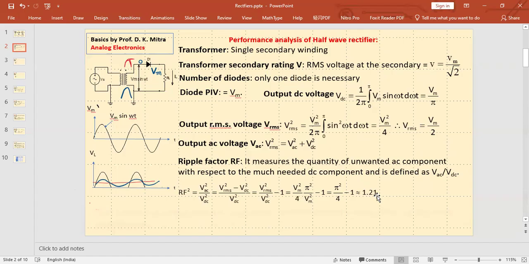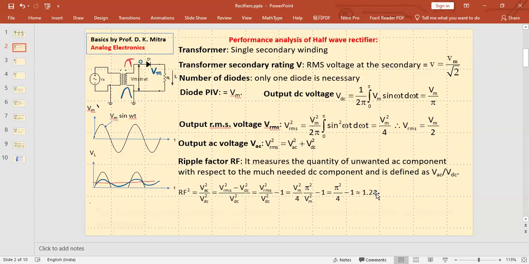For example, if you take a numerical example, if you want 10 volt DC, then along with that, you have to take 12.1 volt AC. This is an absolutely hopeless transformer, right? So the ripple factor of this half-wave rectifier is 1.21. It is a hopeless case, you should remember.